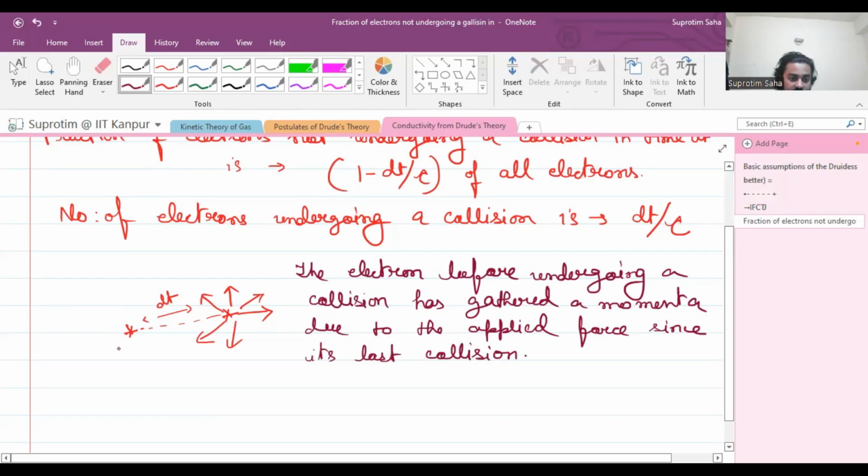So this is the first collision it has undergone, and this is the second collision.